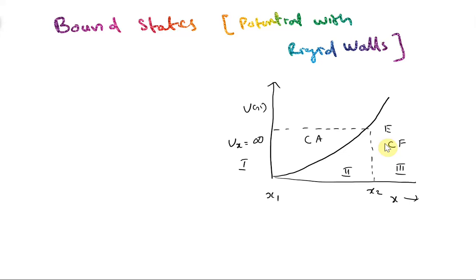Of course, this is classically forbidden, and it is completely forbidden as long as the potential is infinite. So what is the wave function over this region? That is not going to have any value. It's going to be zero. So indeed, at this point, whatever the boundary we have, whatever wave function is there has to be zero at that boundary.